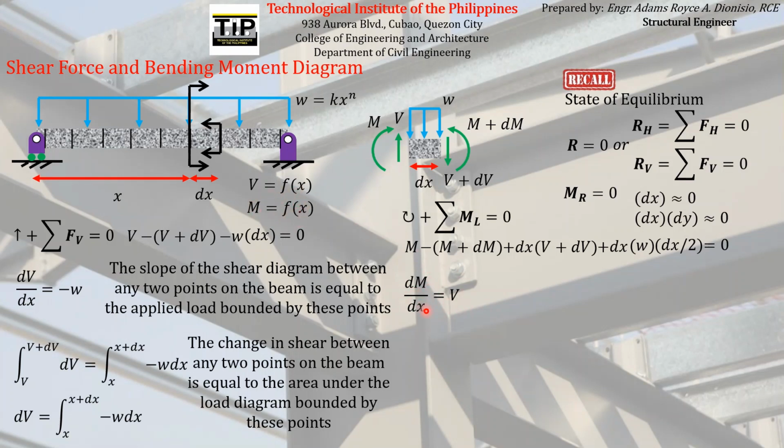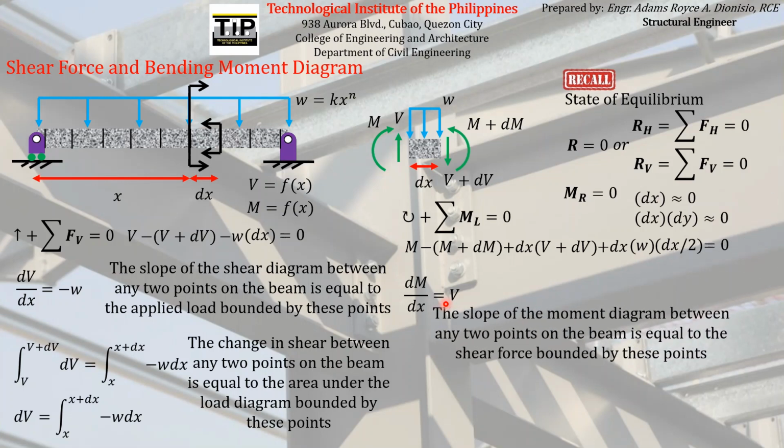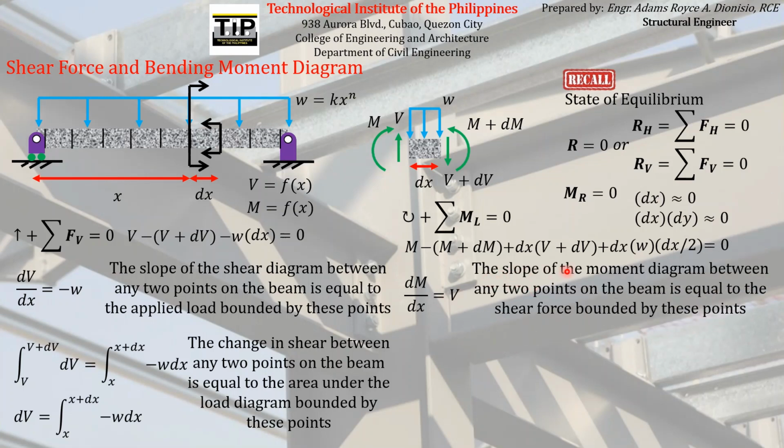And according to this equation, the slope of the moment diagram is just equal to the magnitude of shear force, or in terms of formal definition, we can say that the slope of the moment diagram between any 2 points, say for example this point and this point, on the beam is equal to the shear force bounded by these points.